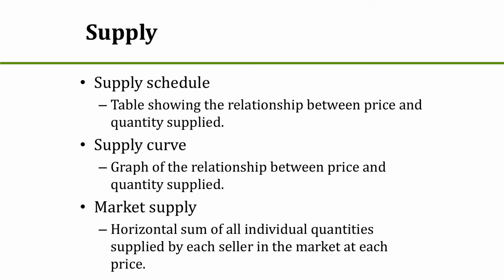And if you want to calculate the market supply using the quantity supplied coming from each producer, we need to horizontally sum all of the individual quantities supplied by each producer in the market at each price.